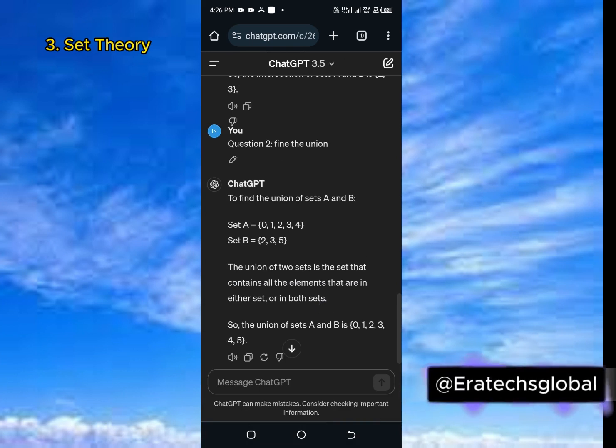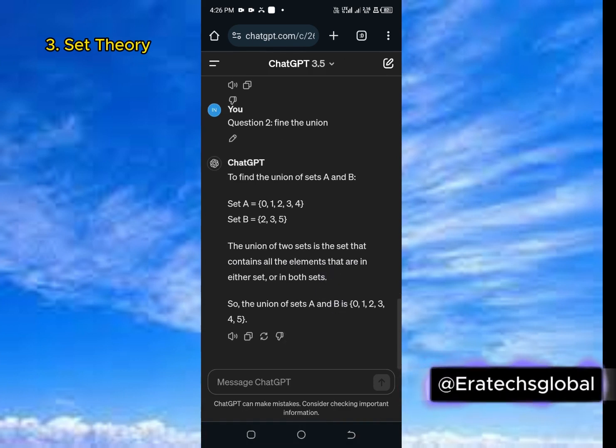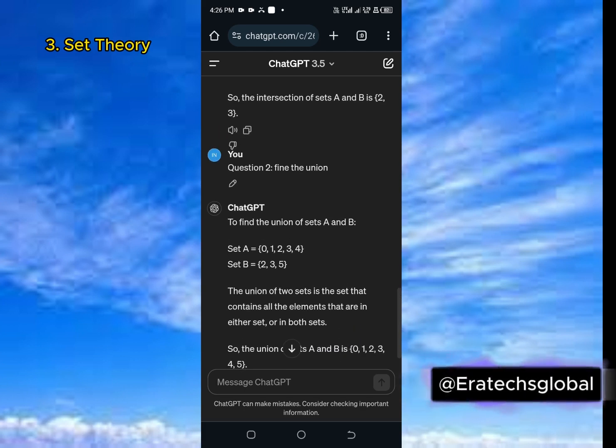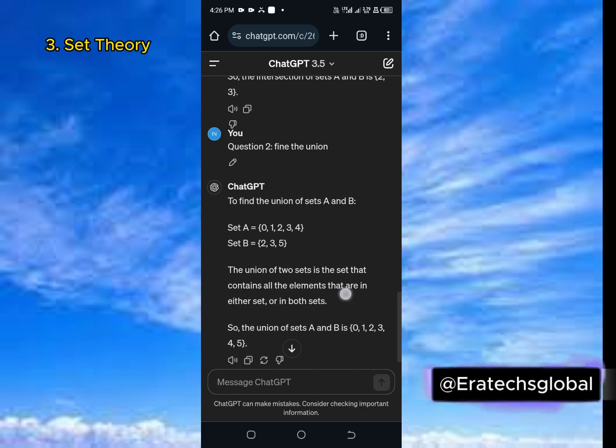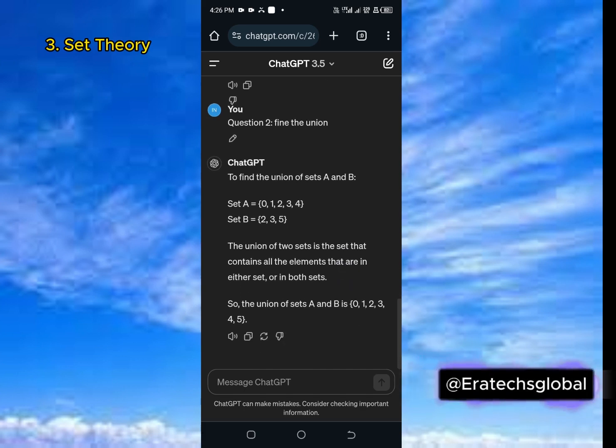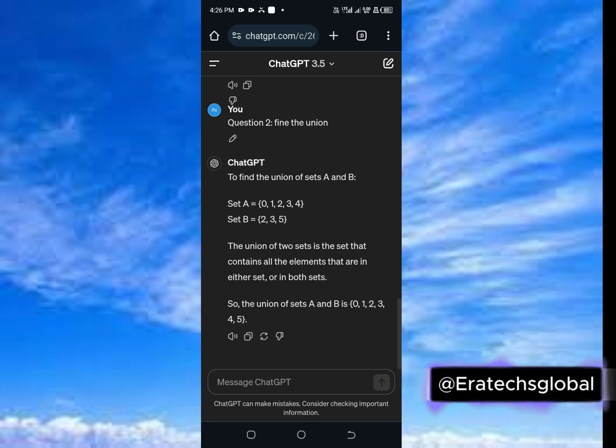To find the union of set A and B, the union of two sets is the set that contains all the elements that are in either set or in both. So the union of set A and B is, look at that, {0, 1, 2, 3, 4, 5}, and that's all.